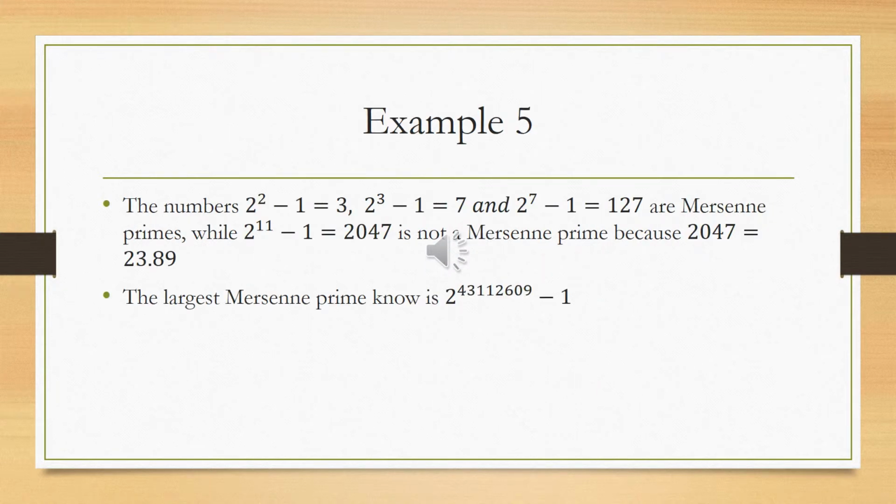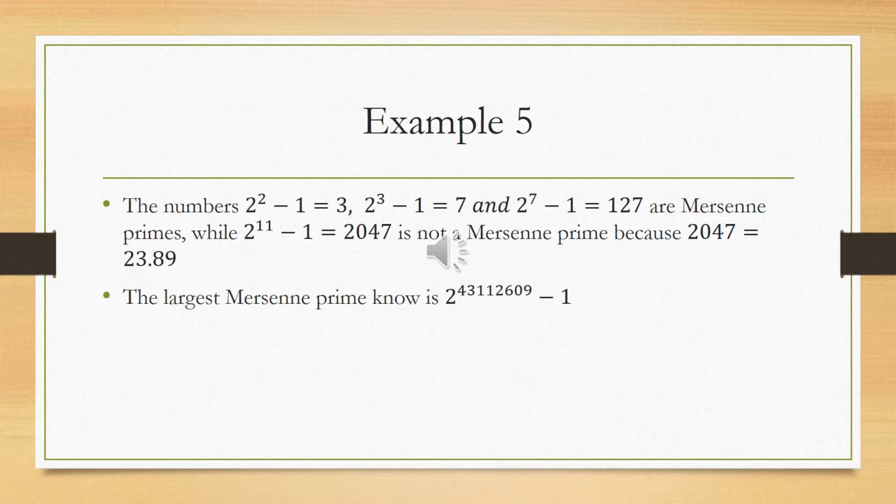Example 5. The number 2 raised to the power of 2 minus 1, equal to 3, is a Mersenne prime. 2 raised to the power of 3 minus 1, equal to 7, is a Mersenne prime. And 2 raised to the power of 7 minus 1, equal to 127, is also a Mersenne prime.